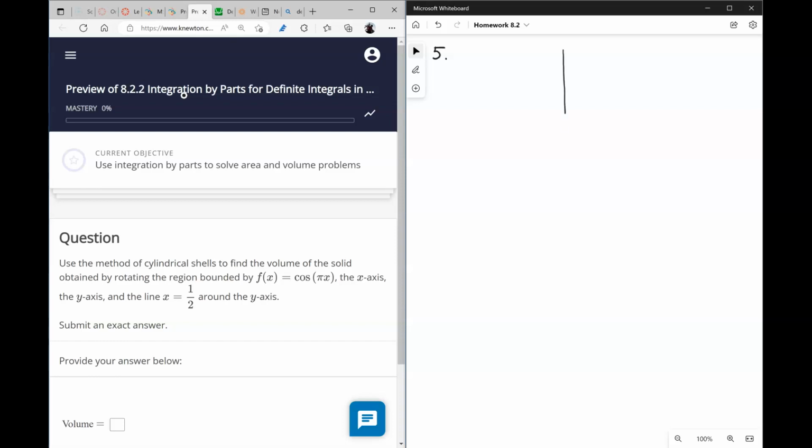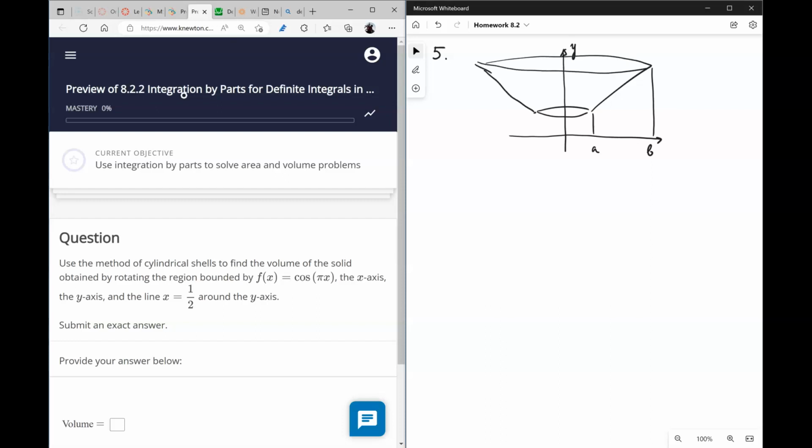And just a quick reminder of how cylindrical shells work. If we have a function on the interval from a to b, and if we take this function and rotate, let's say, around the y-axis, then what we'll get is called a solid of revolution, and we can find its volume using several different approaches, but in this case the cylindrical shells work like this.